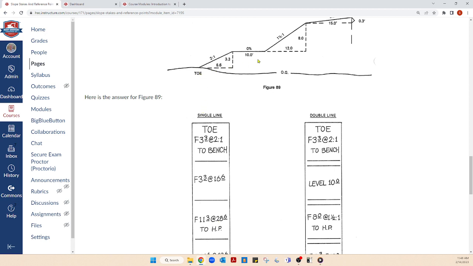Here's 6.6. What's that going to be? 17.6. Is that right? .6 and 17.6. That's going to be there.